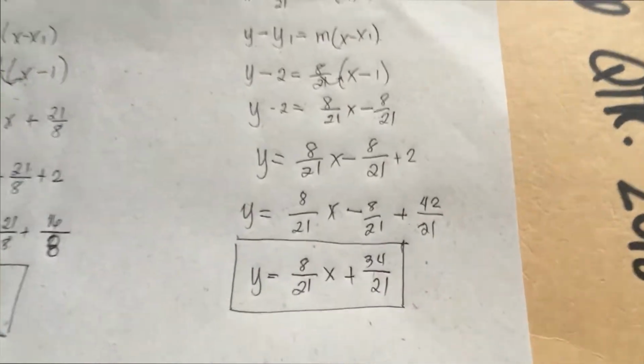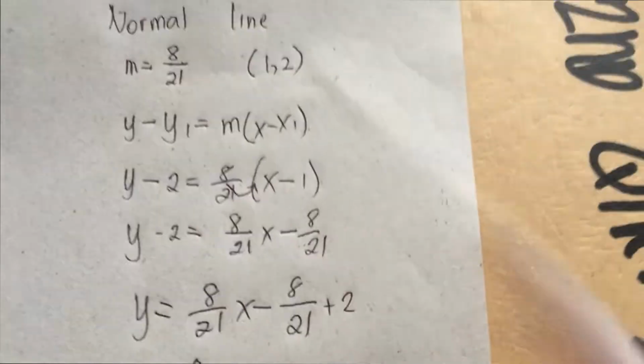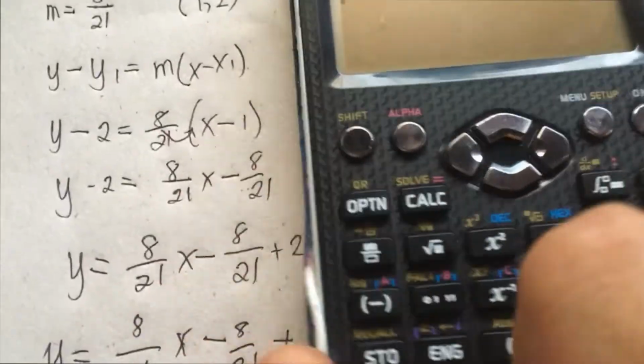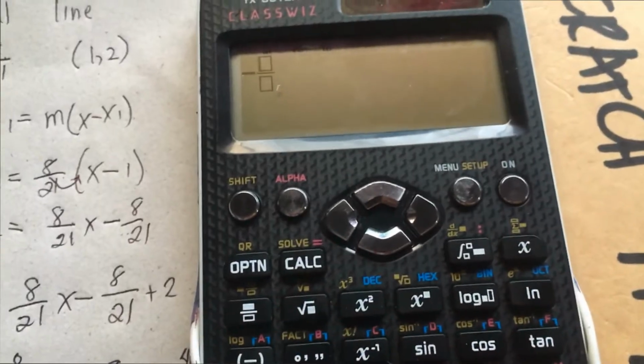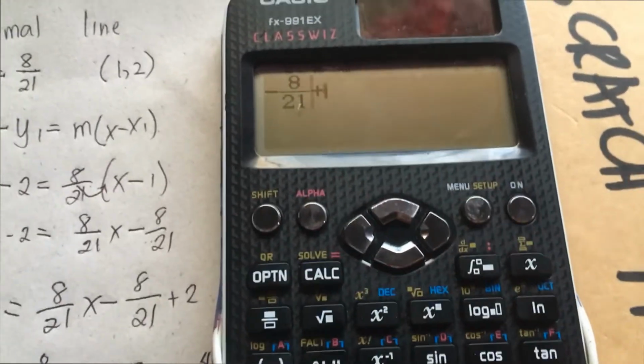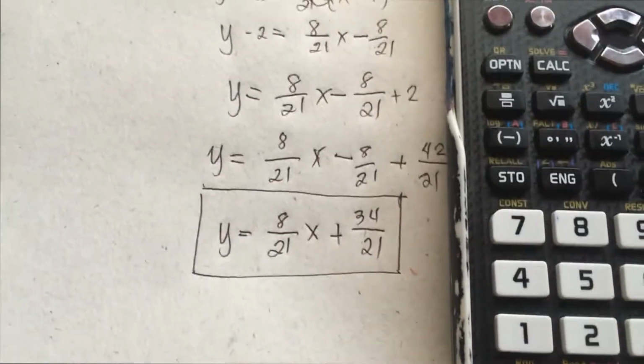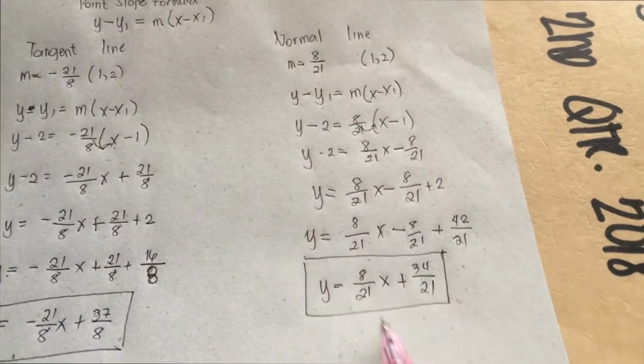Actually, class, you can use your calculator for this part, but it is more stressful otherwise. Negative 8 over 21 plus 2. The result is 34 over 21. So, this is now the equation of your tangent line, and this is the equation of your normal line.